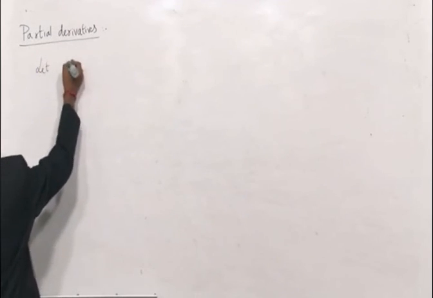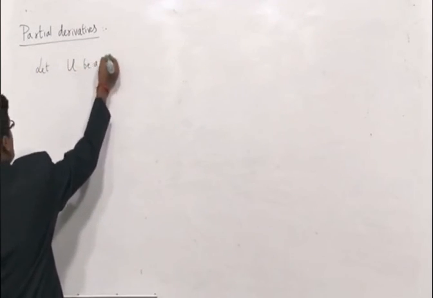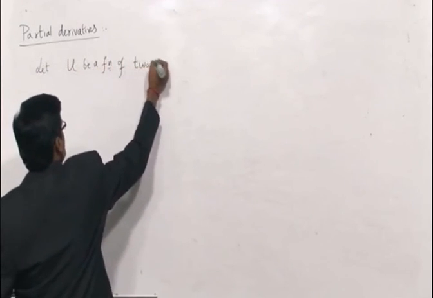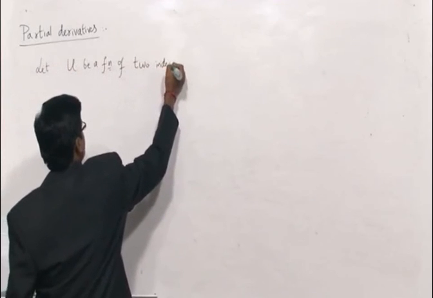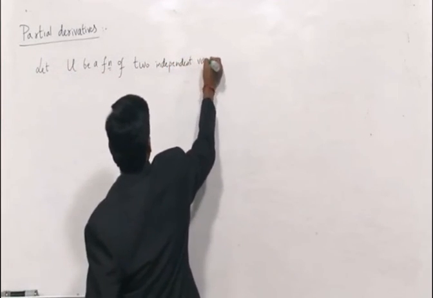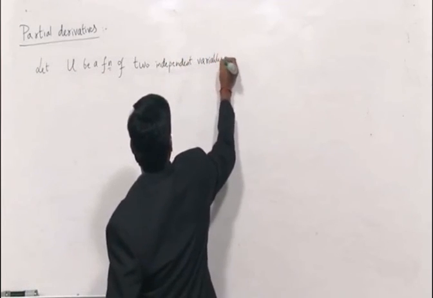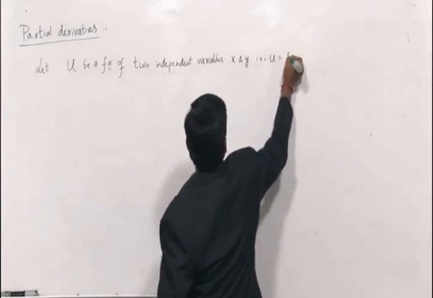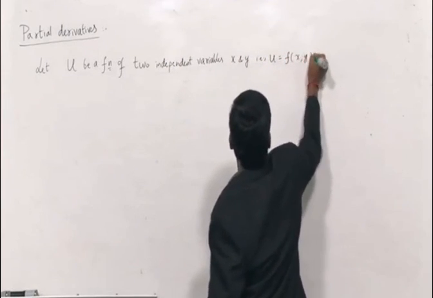Let u be a function of two independent variables x and y, that is u is equal to f of x comma y.